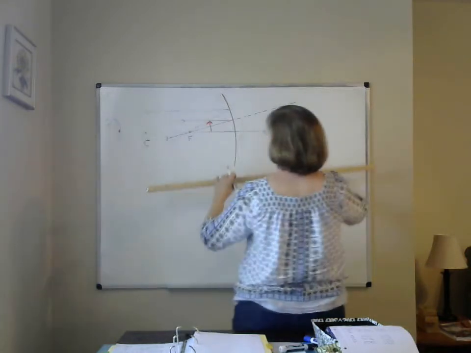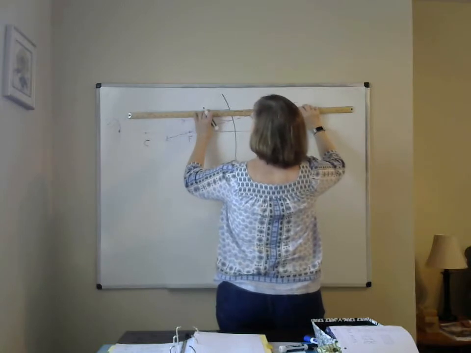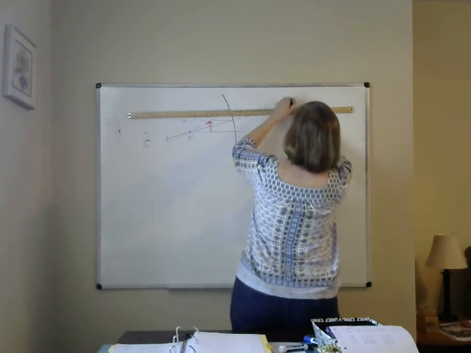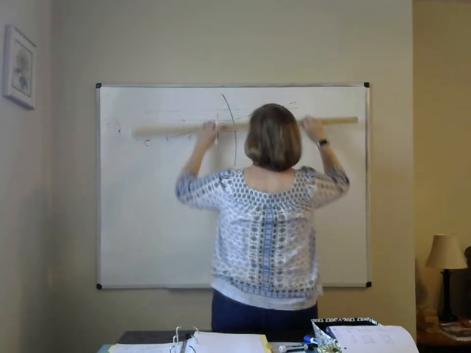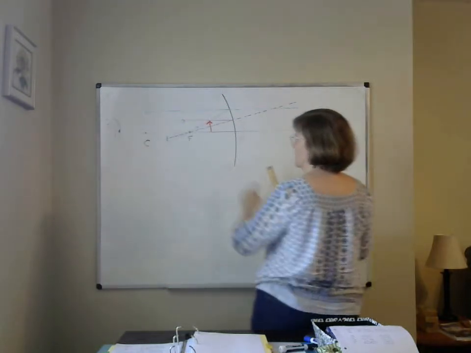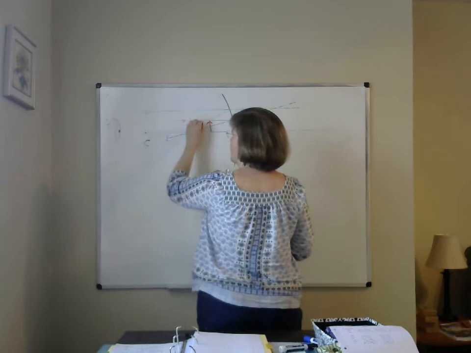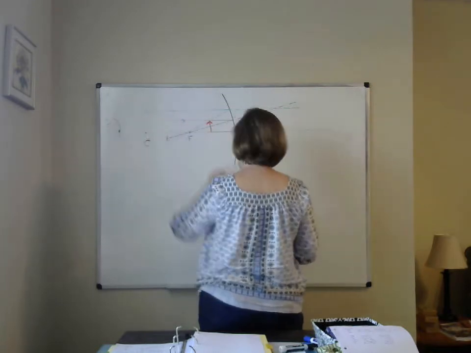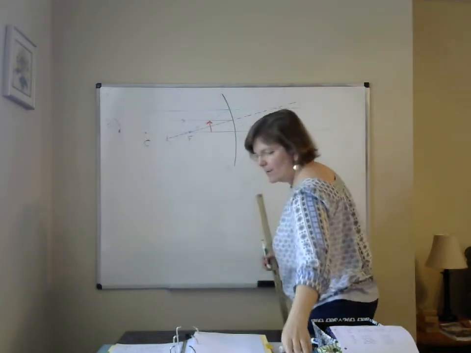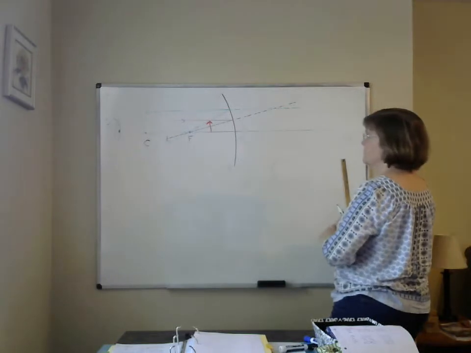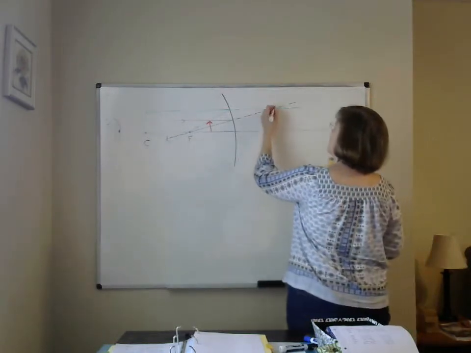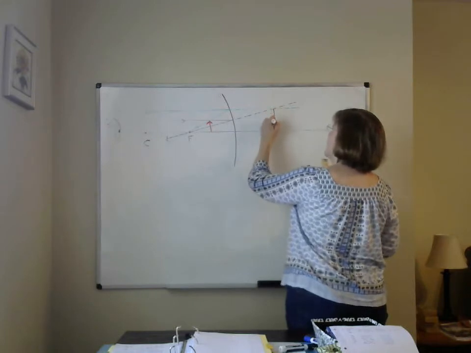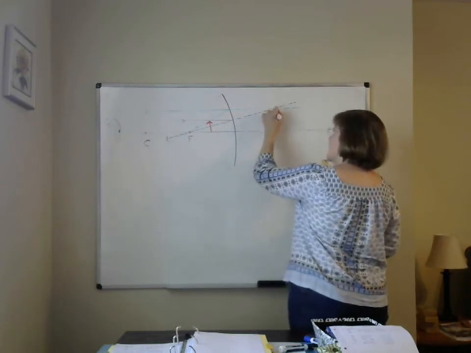You go, well, how does that image form? Well, if we back this up, this looks to your eye as if it may be coming from back here. So your eye sees a green ray coming out, it sees a blue ray coming out, and it appears as if this arrow, this object, is back there.